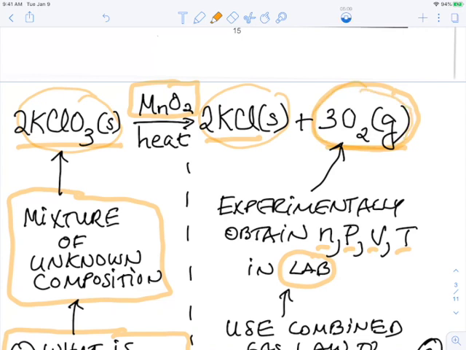The oxygen has escaped my test tube, so all I have left is the KCl. That means that whatever difference there is in mass between the product and the initial, that should have been equivalent to the mass of oxygen that escaped.